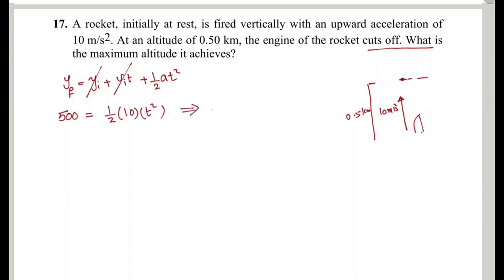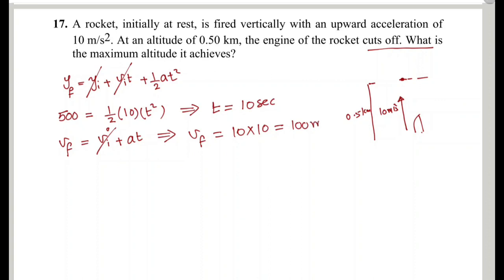So you solve this and you will find t equals 10 seconds. Now v final for the first part is equal to v initial plus a t, or in other words, v initial is 0 and a equals 10 meters per second square, t is equal to 10, so v final equals 10 times 10, or 100 meters per second.